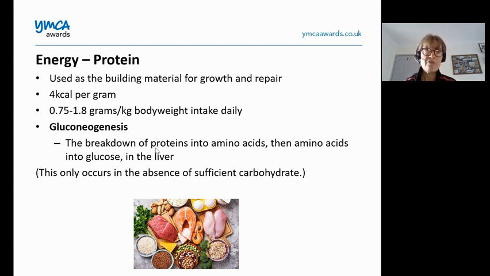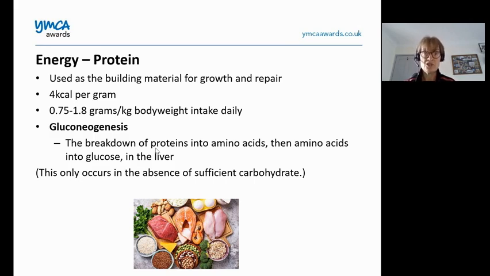Proteins break down into amino acids. Then amino acids can break down into glucose in the liver. And the process of doing this is called gluconeogenesis. But the body only breaks down protein to provide a source of glucose when all the other energy stores have pretty much run out.